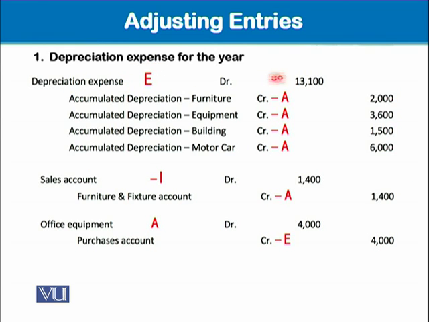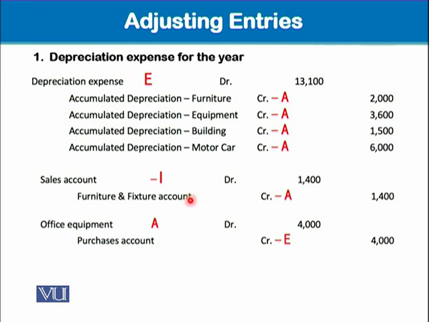Depreciation expense will be debited and accumulated depreciation or provision for depreciation will be credited. Please don't forget to mark ILO. These are contra to asset, minus A, minus A, minus A, and this is expense, E.